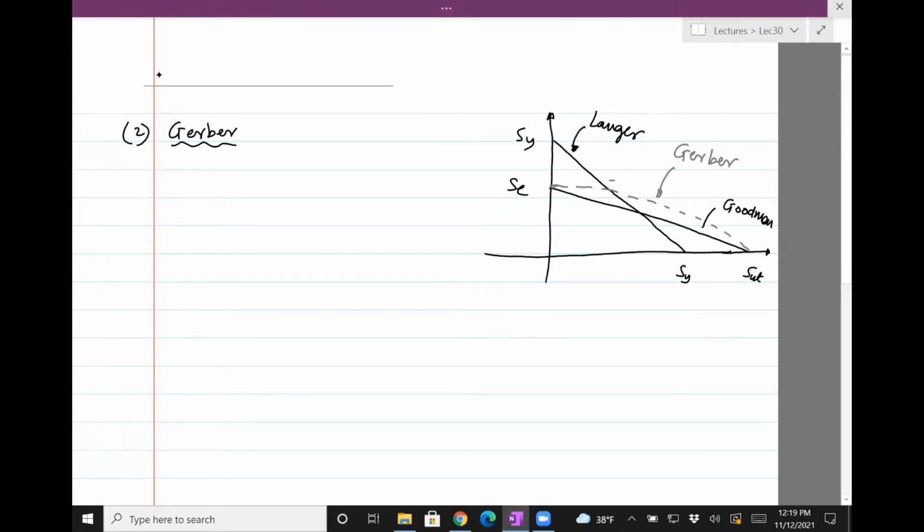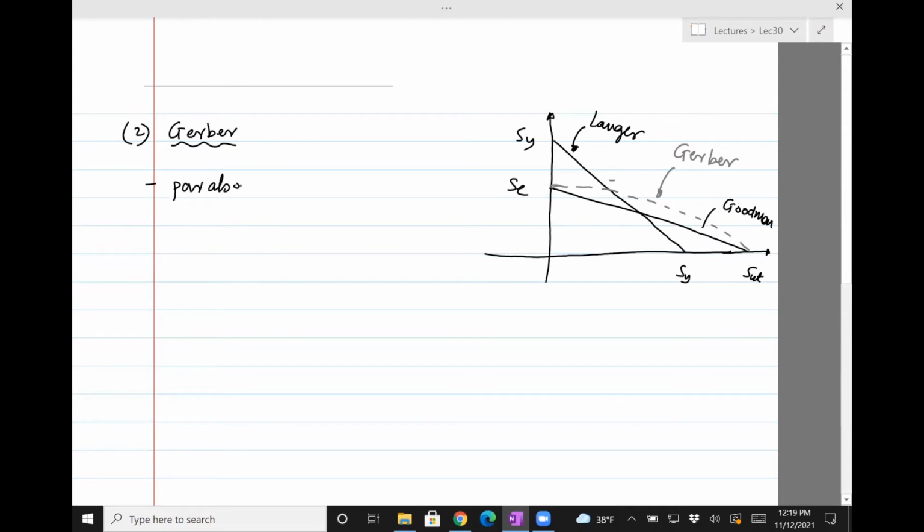Now, before I write the equation, there are a few things to note. It's a parabolic equation, as I said. It's non-conservative near the y-axis. It's a good predictor near the y-axis, and it's only good for tensile stresses.